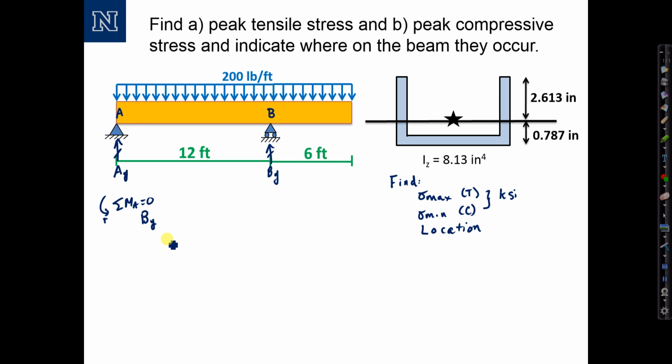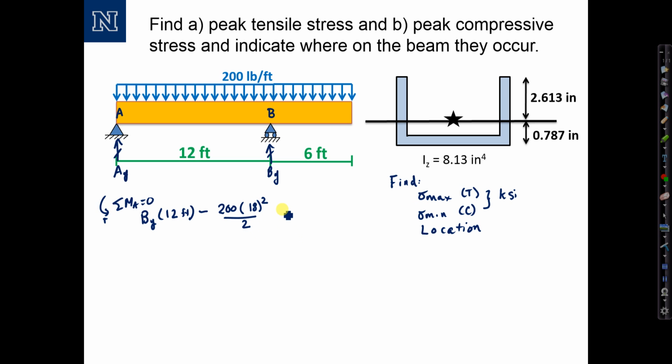B sub y times the distance from support A, which is equal to 12 feet. That's a positive moment. It's acting in the counterclockwise direction according to my sign convention. Then I'm going to subtract the contribution of the distributed load, and I'll use my shortcut WL squared over 2, where W is equal to 200, L is equal to 18 feet, the length over which it acts.